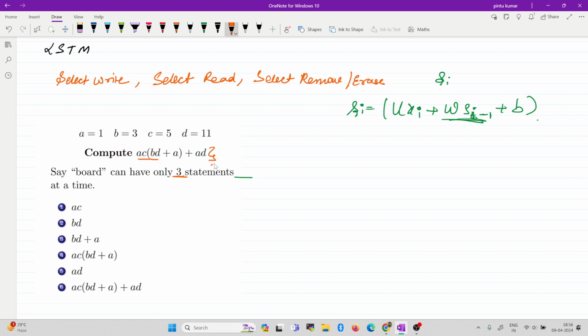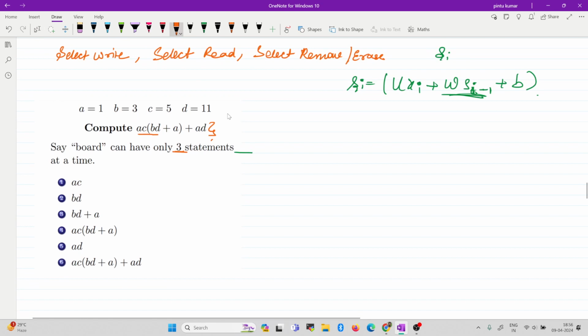Let's say you were writing a maths exam and this question is given to you. How would you start writing? You would start by writing A is equal to 1, B is equal to 3, C is equal to 5, and D is equal to 11. But you are given only 3 statements that you can write, right? So even in just writing the things that are given to you, you will end up utilizing all your space.